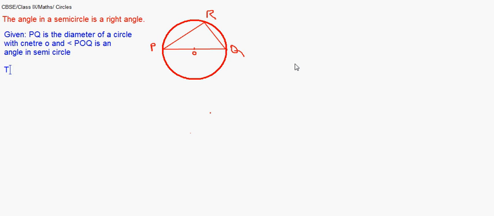What we have to prove is that angle PRQ is a right angle, that means a 90-degree angle.